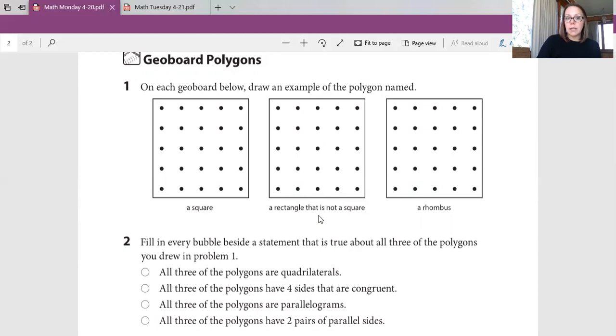For the second one, a rectangle that is not a square. And for the last one, you are going to draw a rhombus. If you forget what a rhombus is, you can go back to the previous page and look at number 1 for some examples.